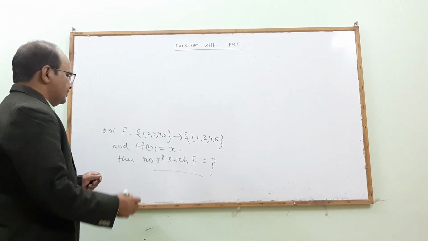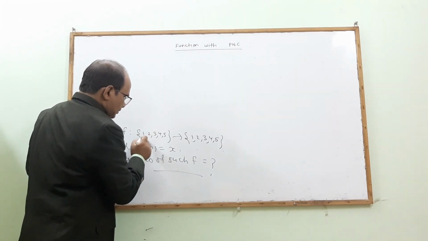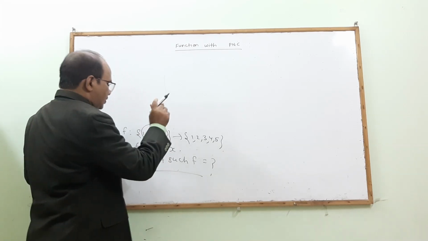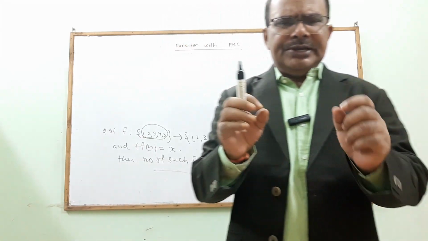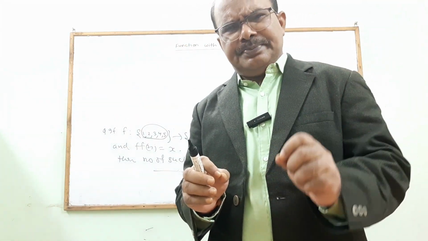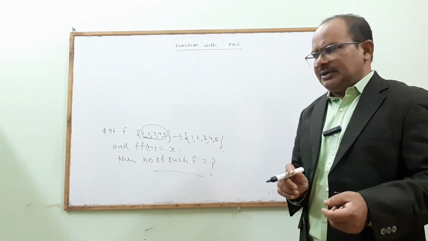How can we start? We always have to keep the elements of set A in pairs, and some selections can be taken.